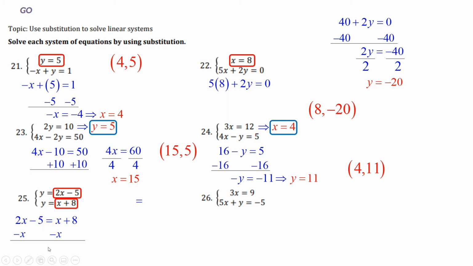Bring down the equals. 2x minus x is x minus 5. And on the right, x minus x is gone, and I'm left with the 8. Now let's add 5. So x minus 5 plus 5 would be x, and 8 plus 5 is 13. Okay, so the x coordinate is 13.